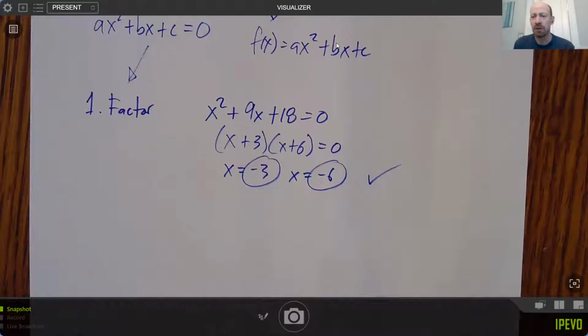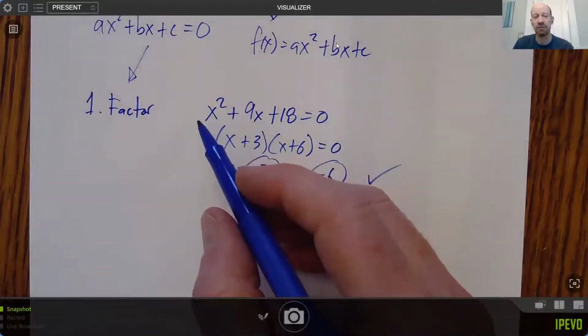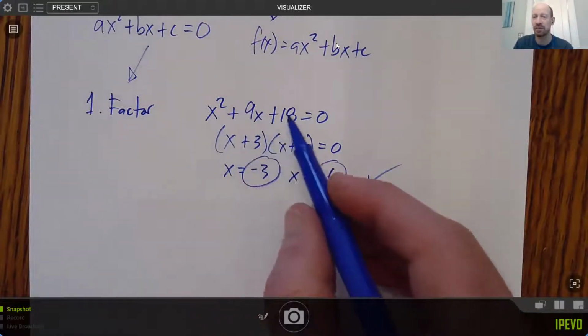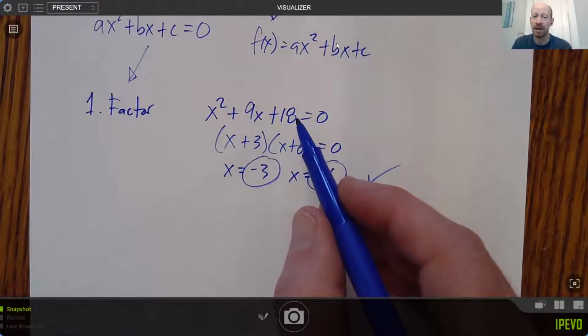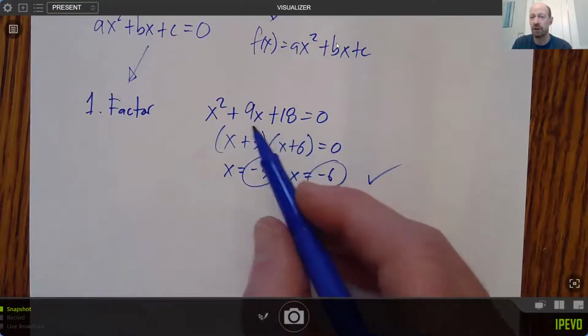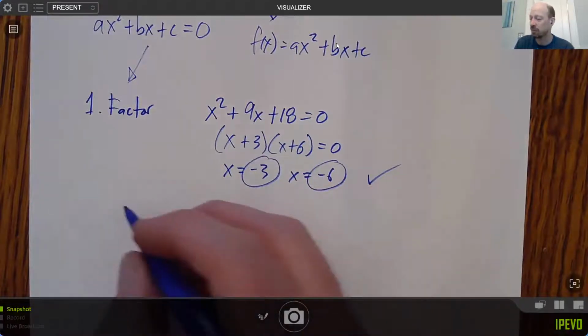The problem for us is that sometimes factoring is pretty hard, right? If all of a sudden this is like 54x squared plus 9x plus 18, now all of a sudden I'm kind of in trouble. Like, I don't know if I can factor that or not. And it turns out there's a lot of quadratics that actually aren't even factorable.